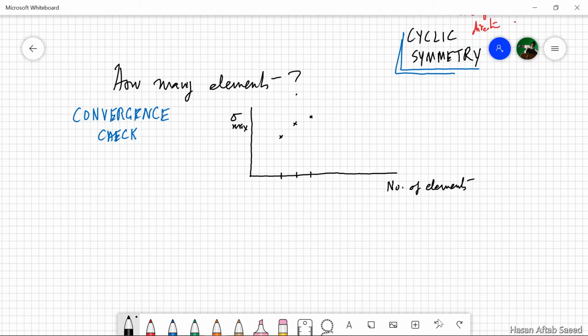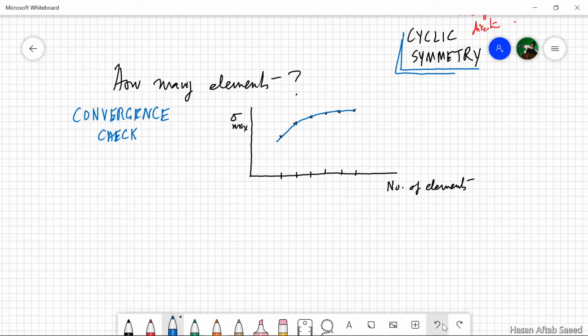But as you move along, the difference between successive simulations will tend to decrease. First there will be a big gradient, then the slope will decrease, and at a certain point you will realize that though the value of stress still increases, now we are talking about very small increases.